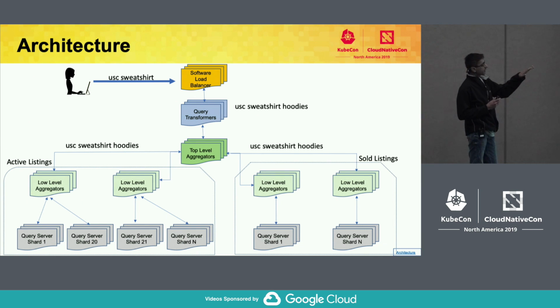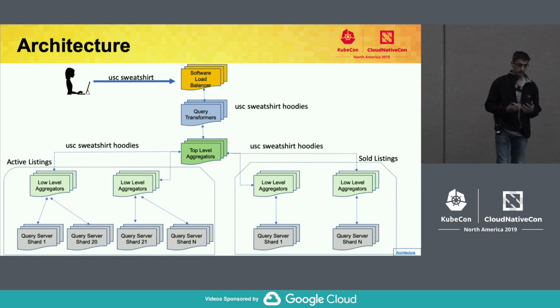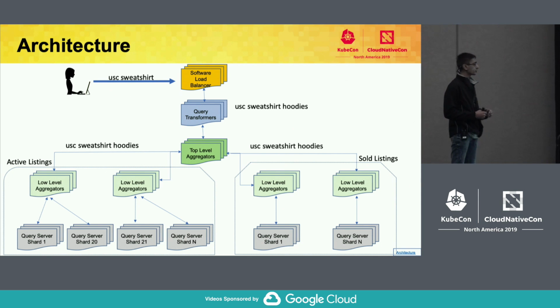The top-level aggregators, once they fan out, send it to low-level aggregators, or LLAs. They are essentially the same as the top-level aggregators, but they work within the use case. So they don't go out to multiple use cases. They work within the use case and fan the query out to the next layer. Which brings me to the most important layer, the 5th layer, which we call the query serving stack.